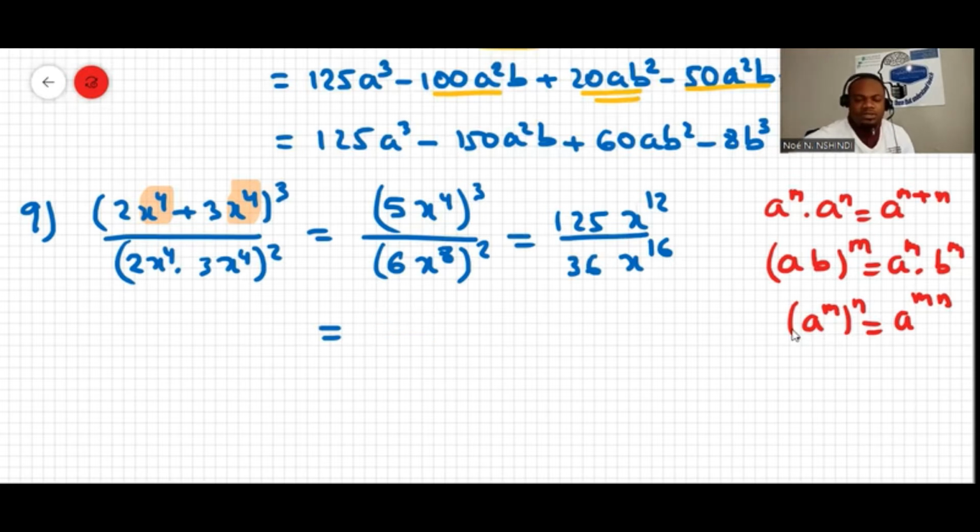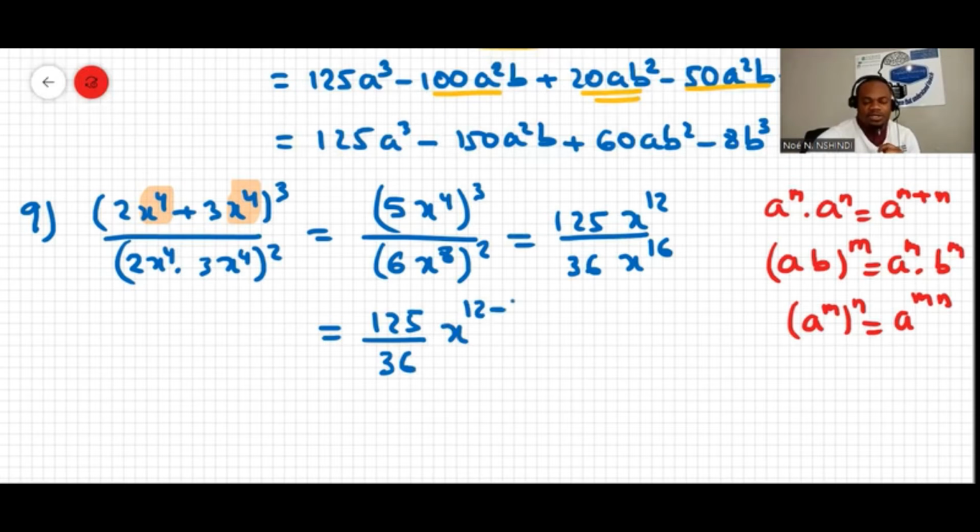Is 125 a multiple of 3? No, it's not, so I'll leave it as 125 over 36, and then x to the power of 12 minus 16.